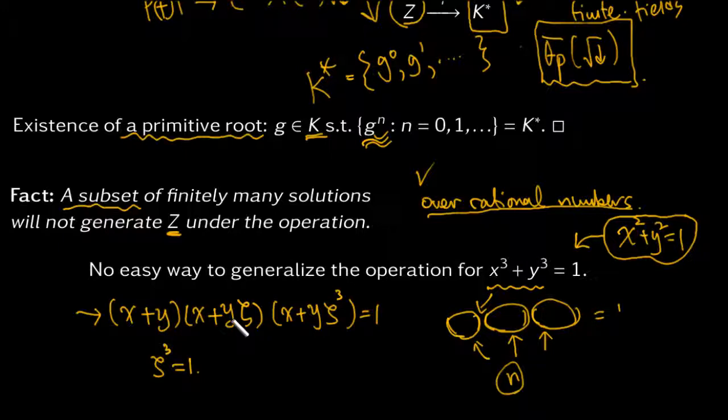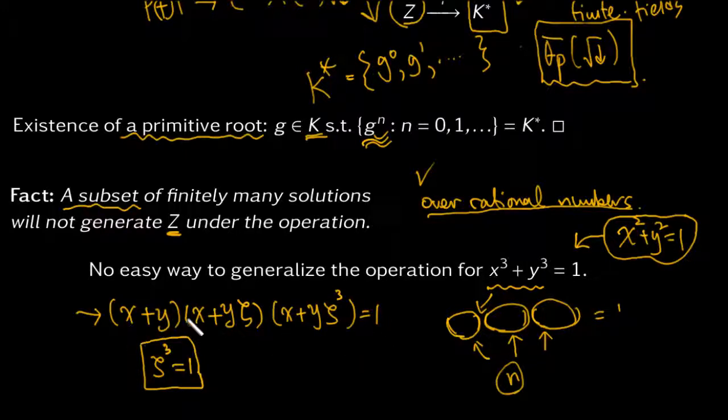It's a very well-known fact that this zeta here is a primitive third root of unity in the complex plane, and you can write down explicitly what the real and imaginary parts are. What's important is the structure like this.